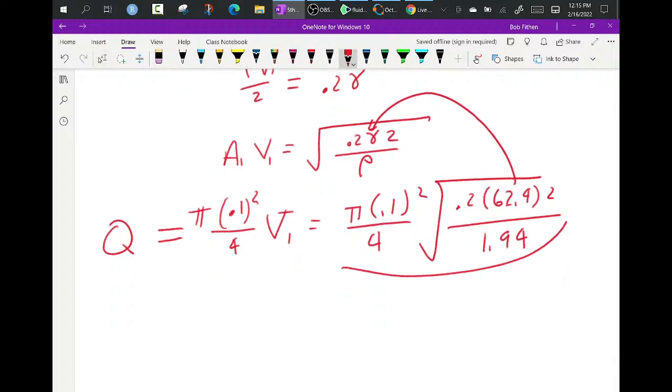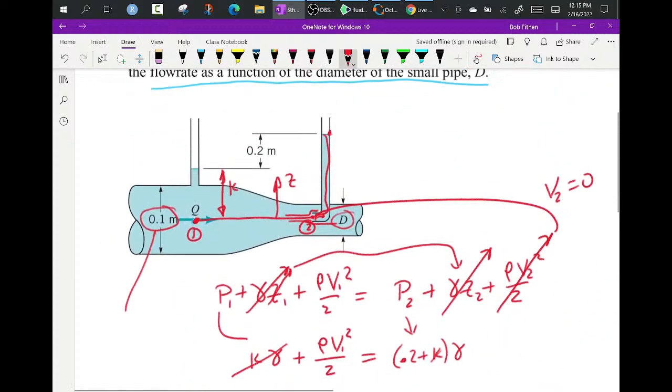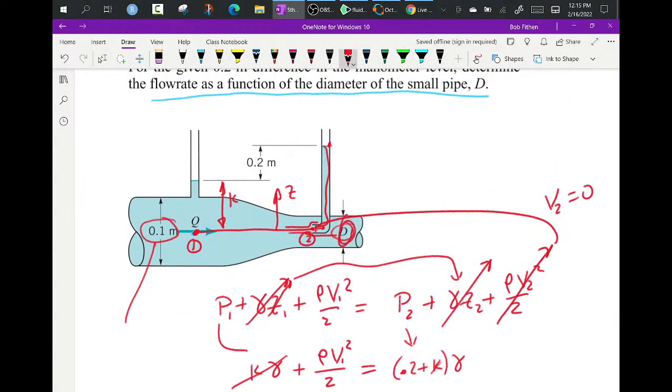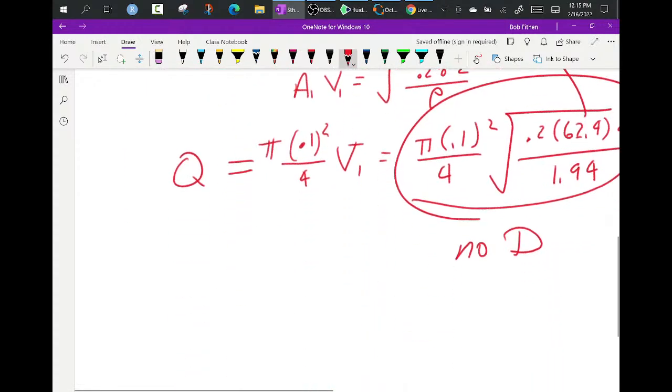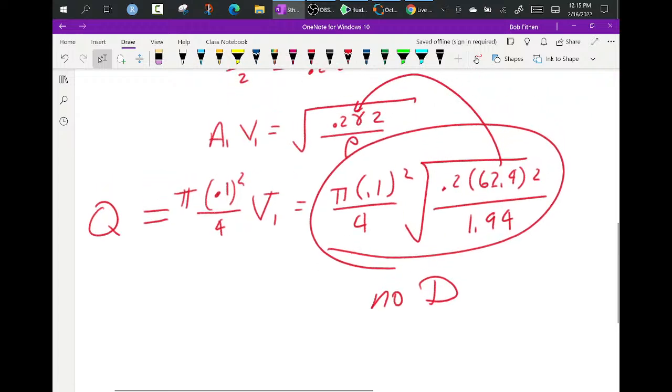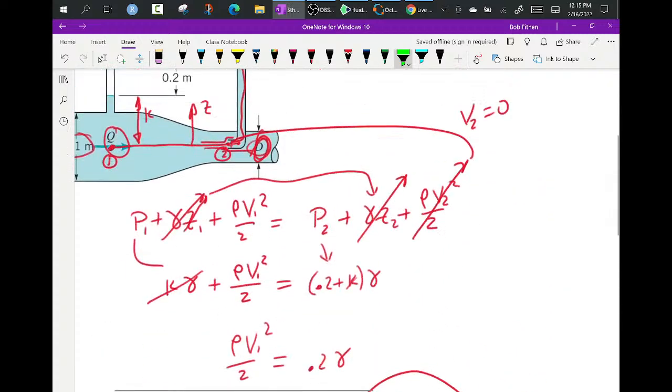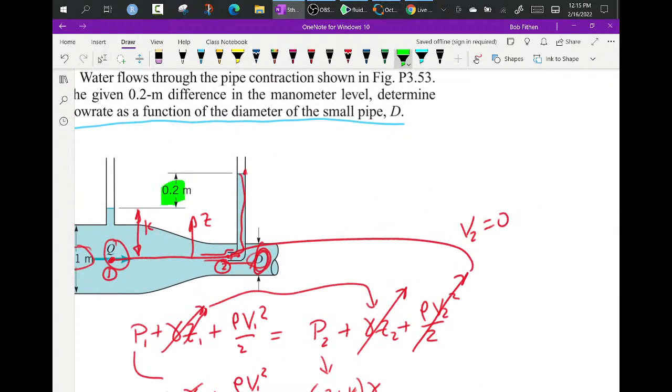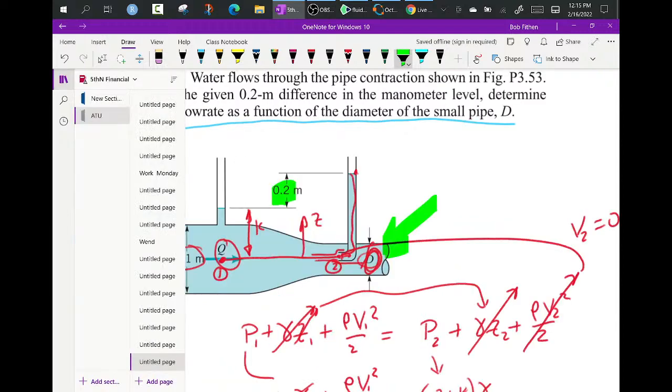There is no D over here, no diameter. So in fact, it really does not matter what the diameter is over here. You're not going to be able to write the flow rate as a function of it. Now, you can find the flow rate if you've got this, because this is your elevation that's up here. You can find that, but there's nothing here that makes it D dependent.